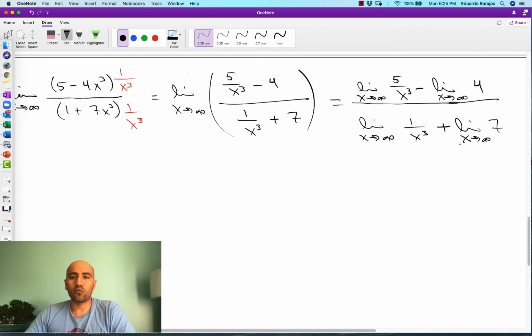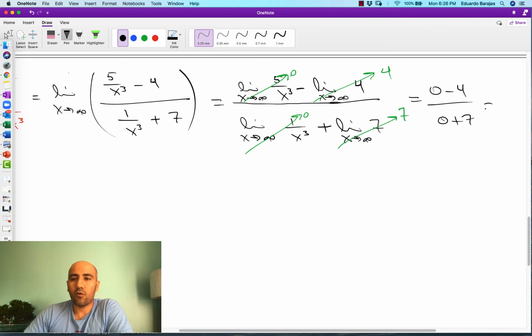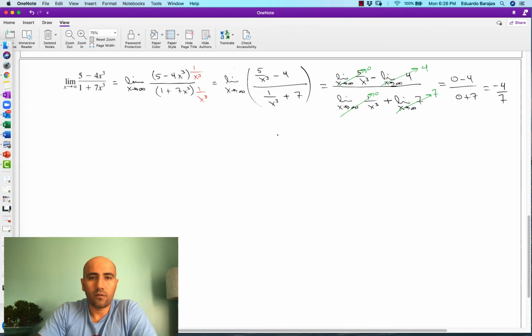And again, using our rules from Chapter 2, we know that this is going to go towards 0, this is going to go towards 0, this is just going to go toward 4, and this is going to go towards 7. So we end up with 0 minus 4 divided by 0 plus 7, or just negative 4/7 as our limit.